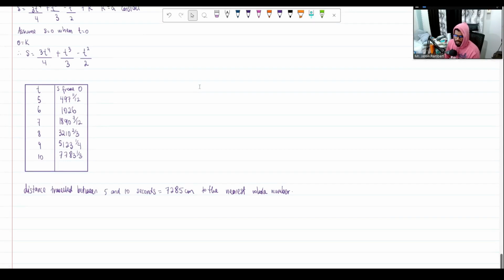And the correct answer will be 7285 centimeters, because I made this error here and put a minus where a plus was supposed to be. And again, these mistakes do happen. So let me try and mitigate them as much as possible. All right, moving on to the next question.